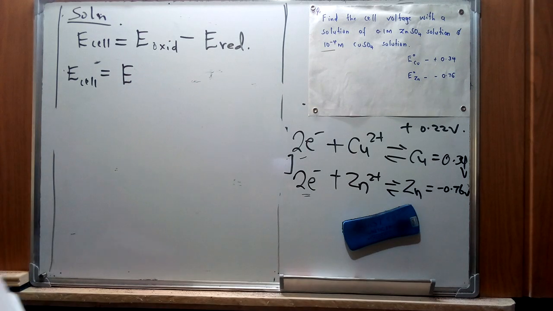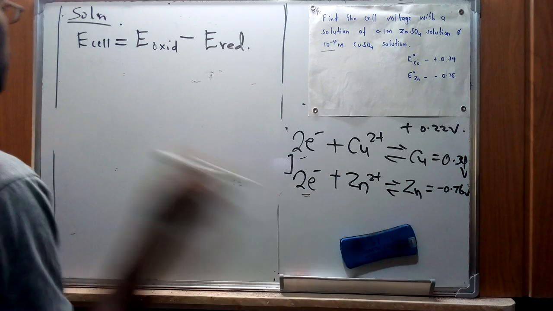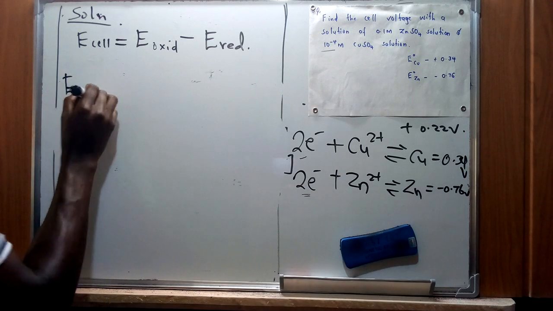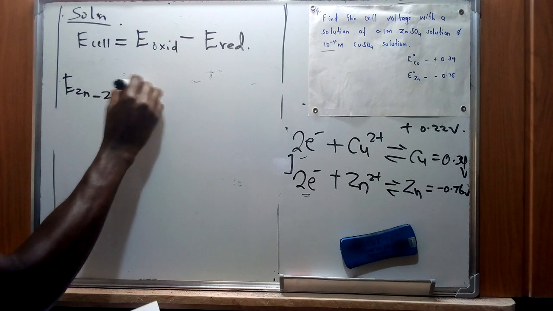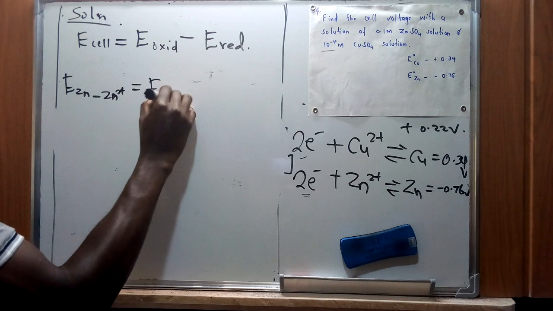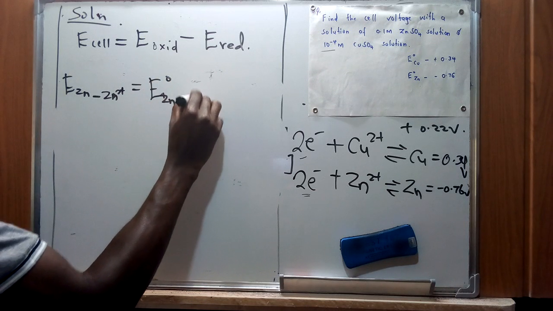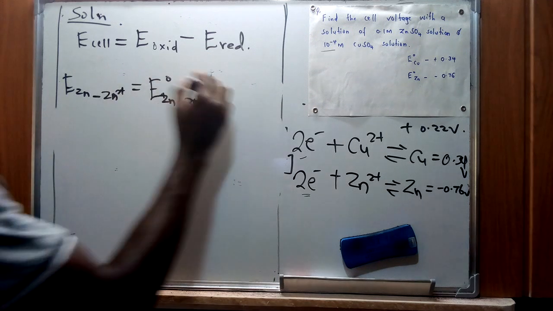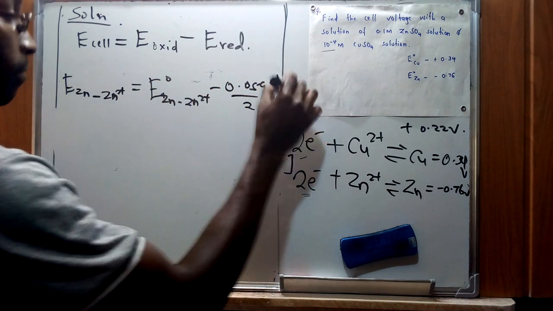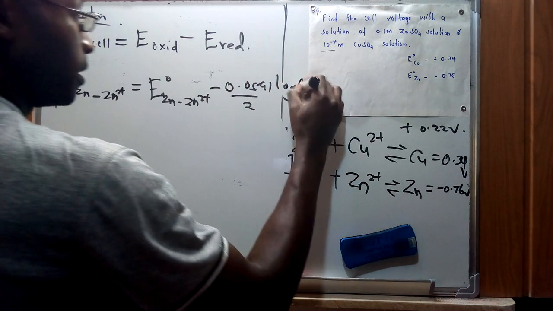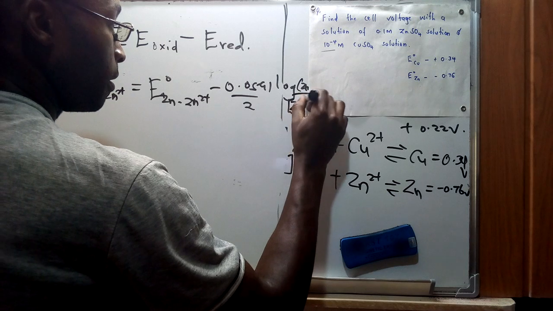Of course, we're going to have the E cell for zinc being represented as E zinc, E zinc standard, zinc positive, and we put in this outer part of the Nernst equation, the log of the concentration of zinc over the concentration of the ions of zinc.